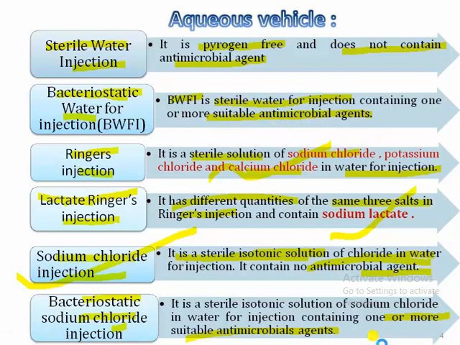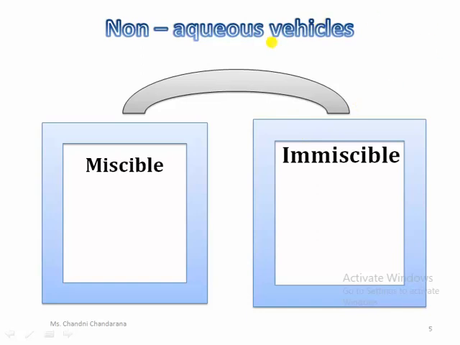Now we will see the next, non-aqueous vehicles. Non-aqueous vehicles are divided into two types: water miscible vehicles and water immiscible vehicles. Now what is a water miscible vehicle?